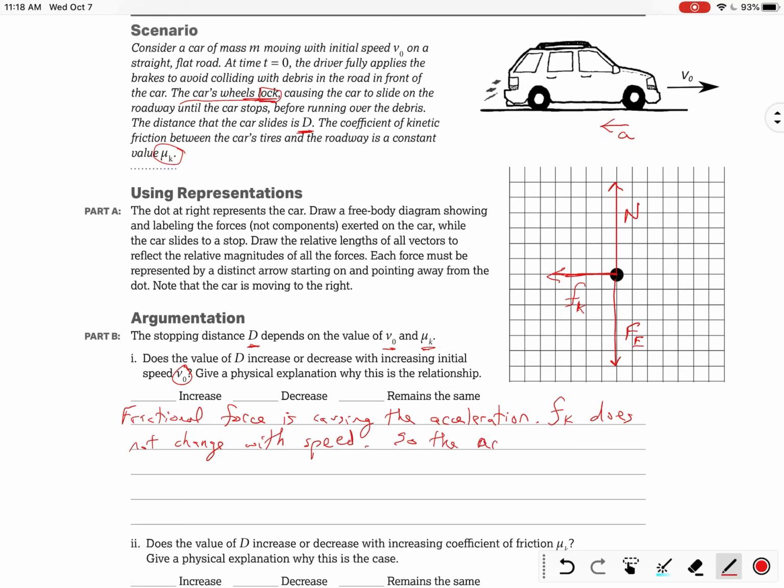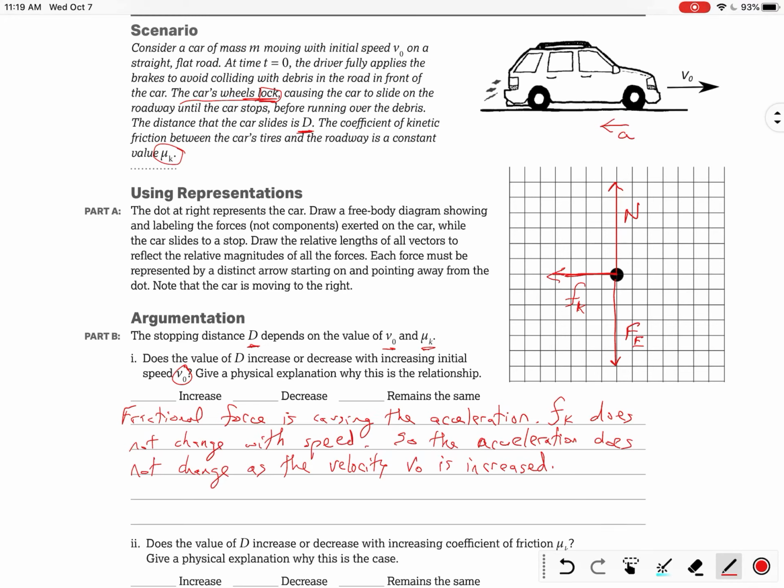So the acceleration does not change as the velocity v0 is increased. So I'm linking concrete details together here using things I'm given, moving towards a conclusion about the stopping distance d.